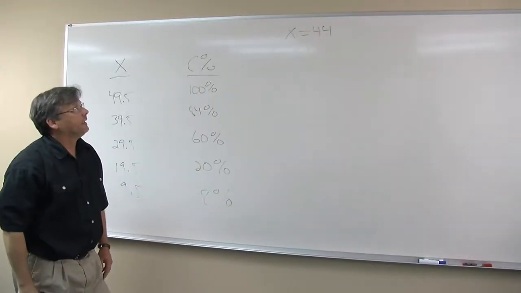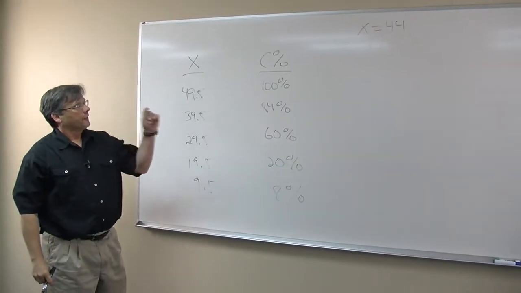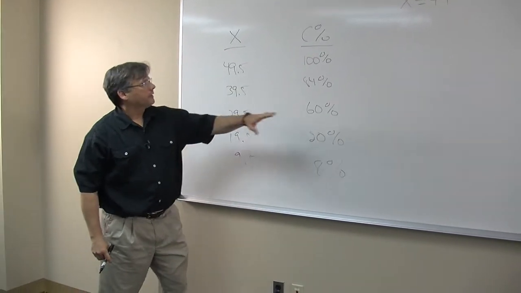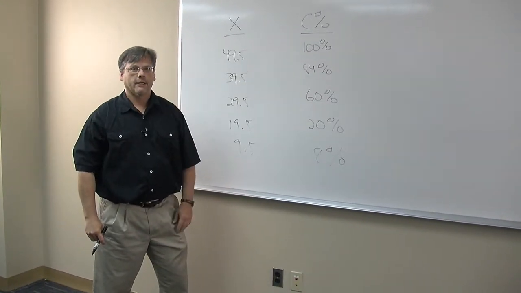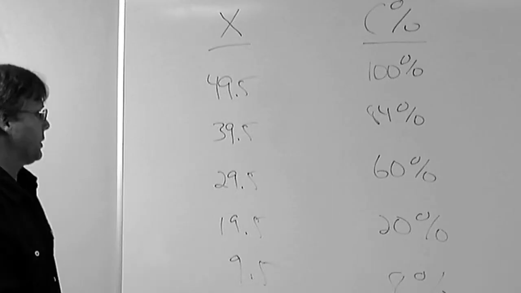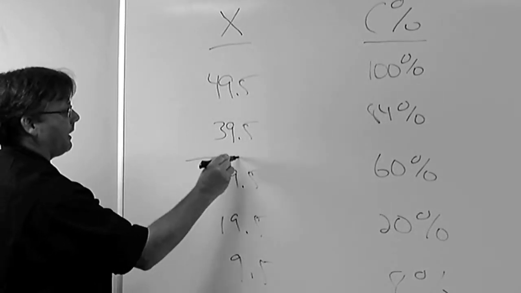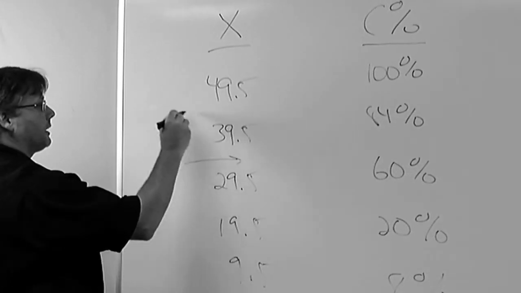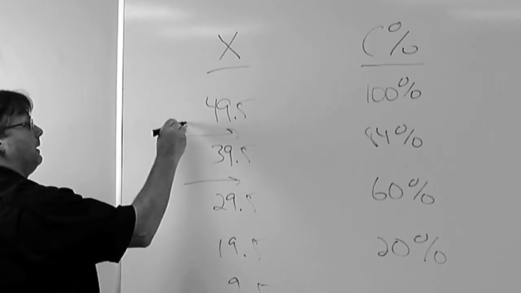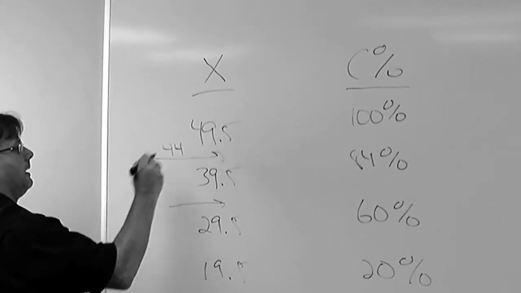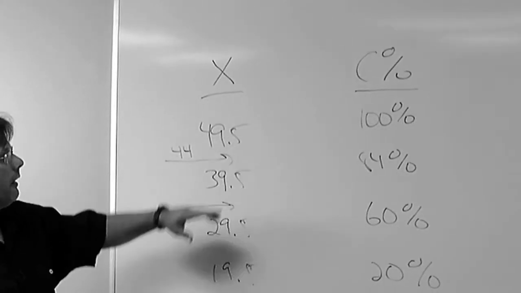The overall question is to figure out, for the x-score of 44, what is the corresponding cumulative percentage for that x-score? To get started, what we do is find where x-score of 44 falls given our upper real limits in our x-score column.